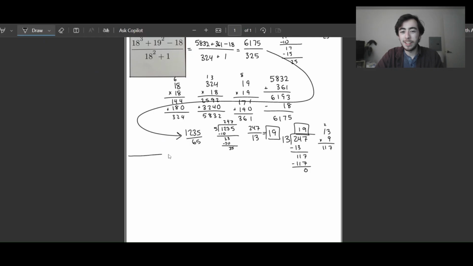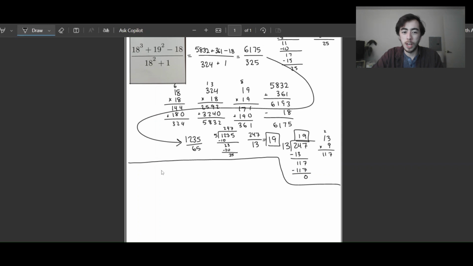But if you'll humor my curiosity, I really want to know what's going to happen if I try doing, let's see, x minus 1 cubed plus x squared minus x minus 1. Because of that same idea where this is my x and then all of these are 1 less than it.